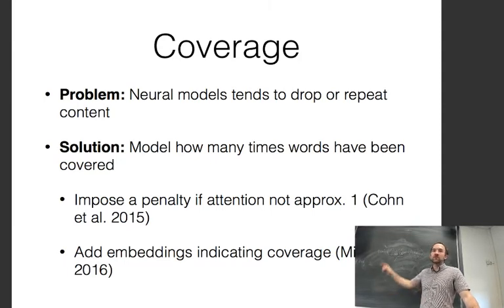But this won't work for anything where we don't expect each word to be output about one time. So this probably wouldn't work for dialogue generation, for example, because dialogue will have greatly varying length in the input and the output.